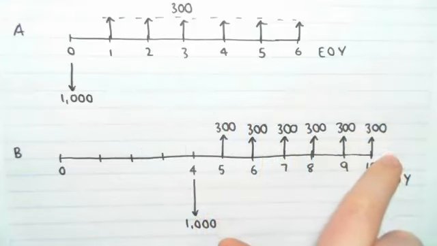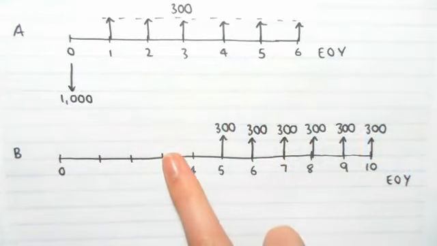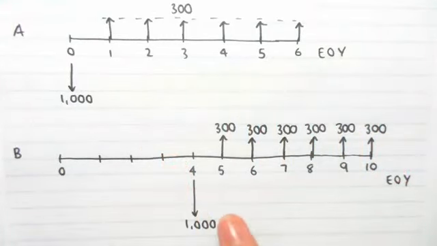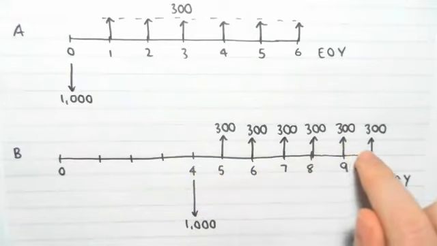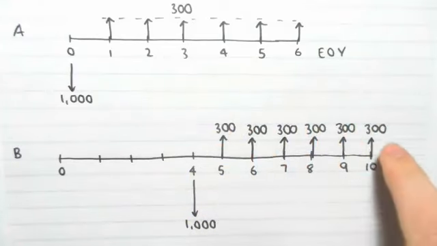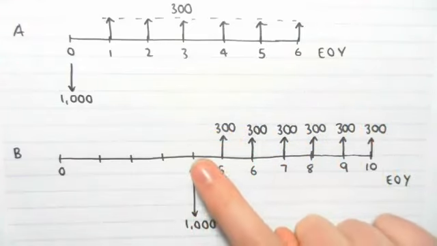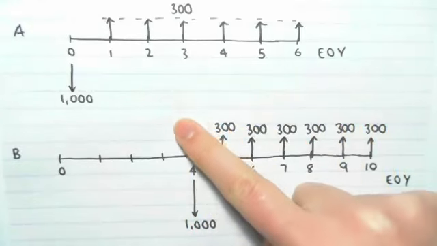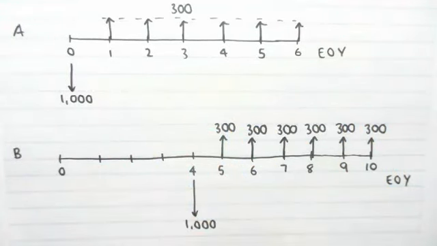And this could be done in two ways. As I said, we can just take this whole present worth and discount it 3 years. Or if you didn't recognize that fact, you could discount the $1,000 4 years and then do a deferred annuity. So figure out the annuity of this and you'd get the present worth here or up here, and then discount that 4 years. So there's two different ways of doing it.